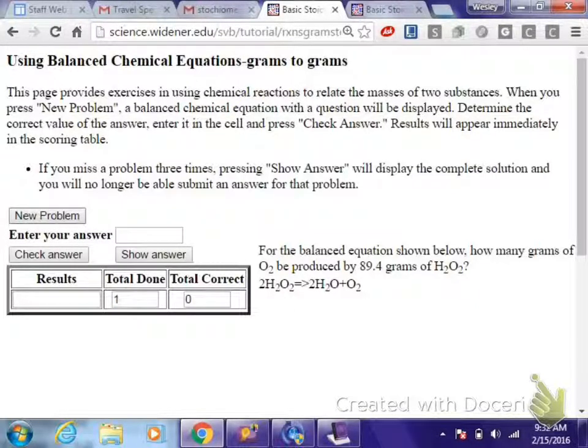What did you use? It's 89.4, that's why I got 44. Grams of H2O2. So the 2 should go with one. And 32. Is that right? Use 32.